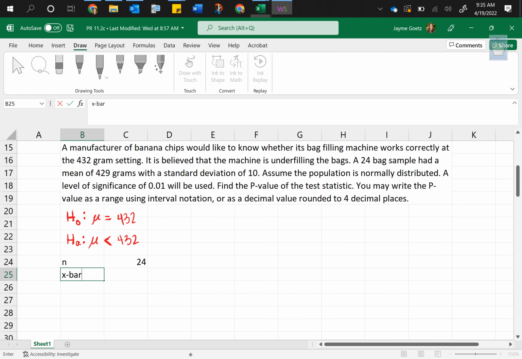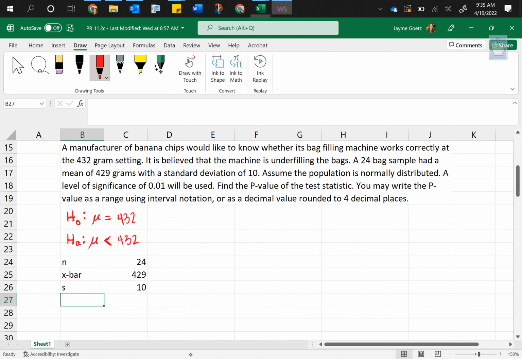That's your X bar because it's your sample mean, 429, with a standard deviation of 10. Notice how that standard deviation is in the same sentence as the X bar. They are saying you have a sample, it has a mean of 429 grams and a standard deviation of 10. So is that going to be population or sample standard deviation? Sample. So that's going to be my S value.